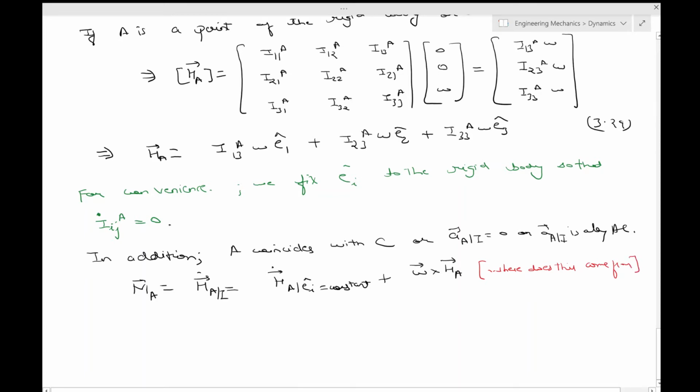This was coming about when we were trying to write a time derivative of a vector.